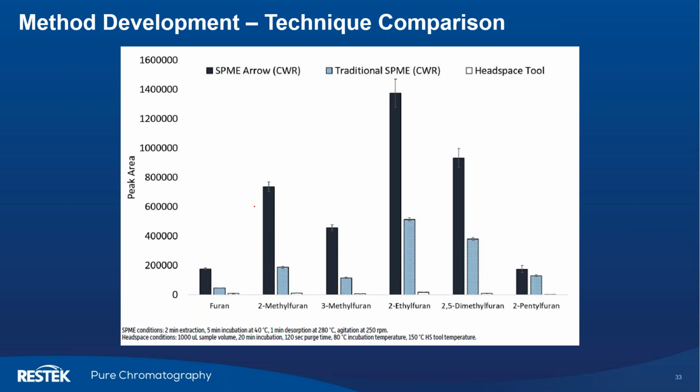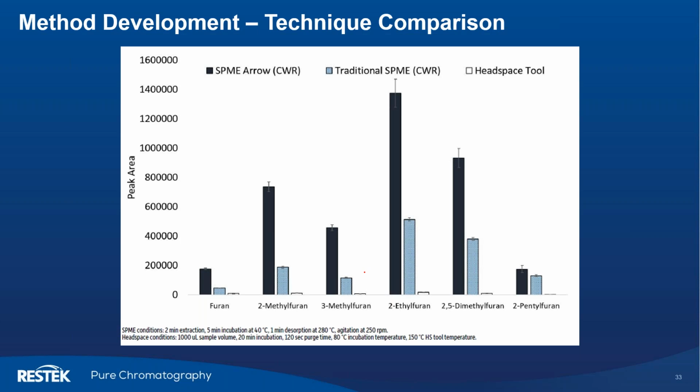And you can see the SPME arrow, again, not only outperforms traditional SPME as we would assume, but it also really outperforms the headspace tool, right? And that selectivity offered by the SPME coating does such a good job at capturing these analytes of interest and helps boost our sensitivity for our compounds of interest.